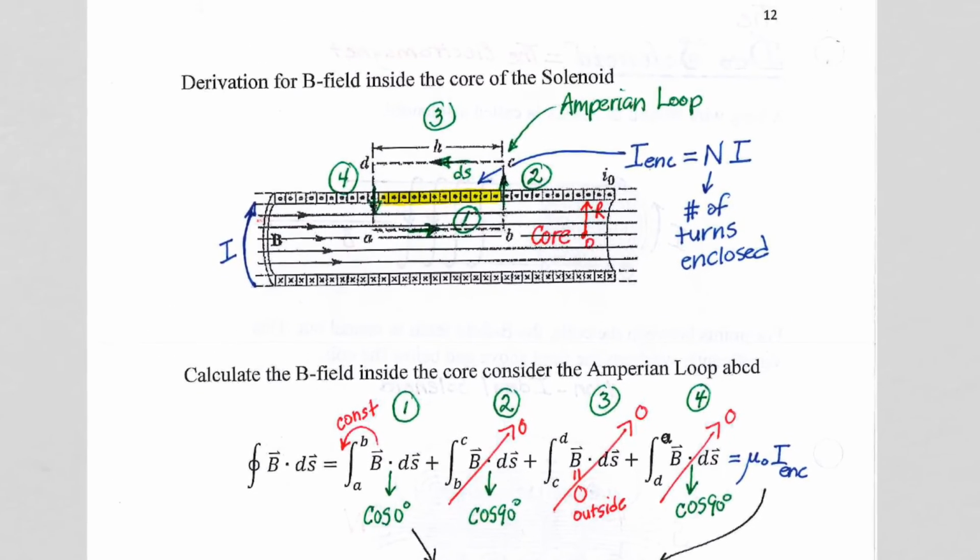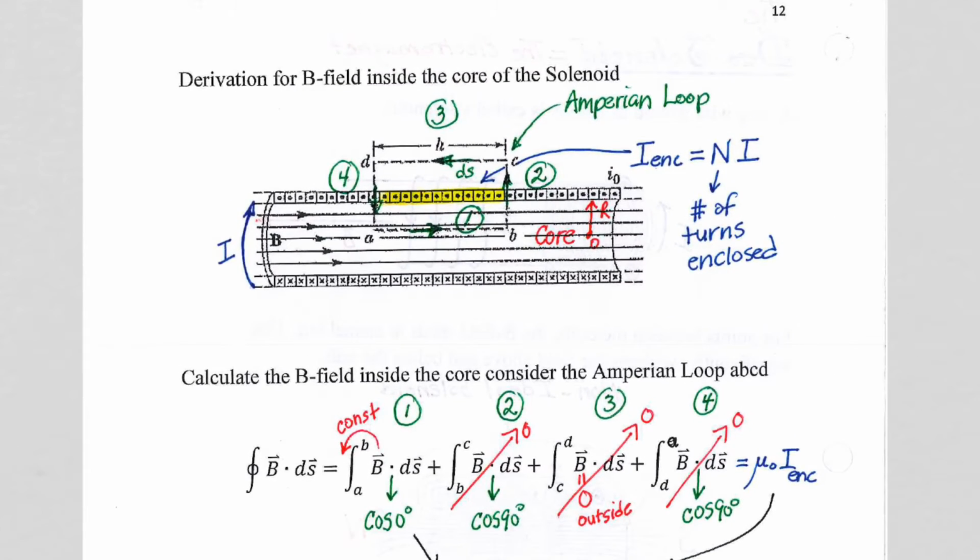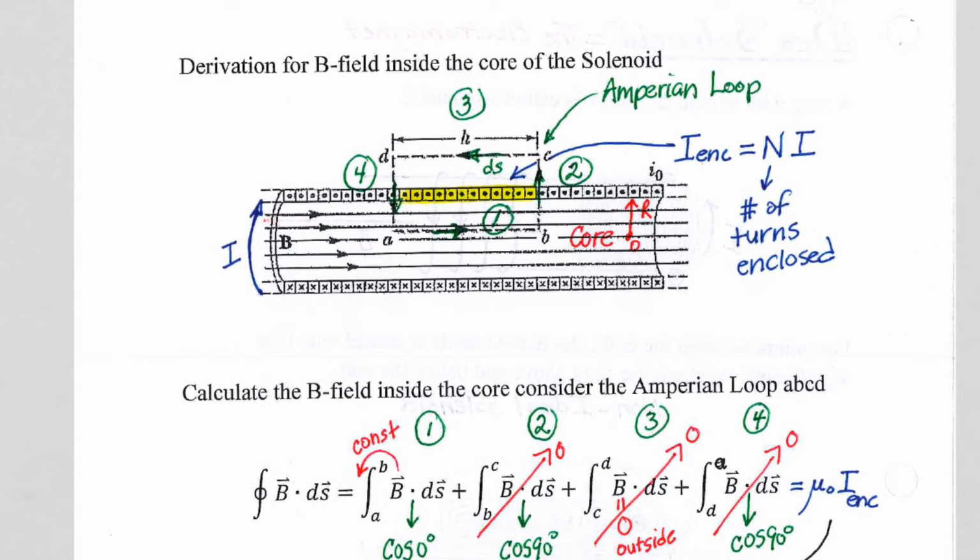Well, here we make our one exception to circular Amperian loops. We are going to use an Amperian rectangle because we want our Amperian loop at some point to mirror the B field. So what are we looking at here? Well, you're looking at a cross-section of the solenoid.